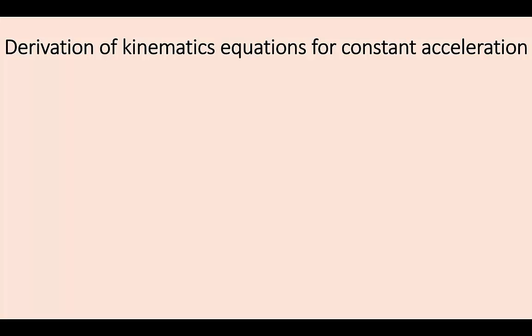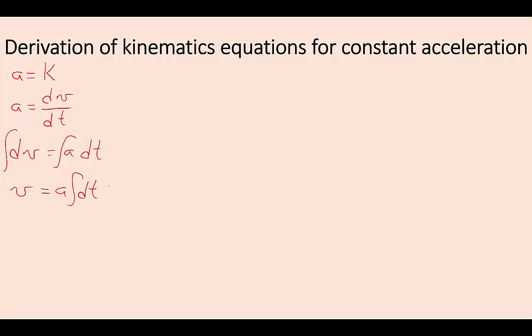But for a constant acceleration, we can say that the acceleration is k, constant. So we already know that acceleration is dv dt. So if we integrate that, then the integral of dv is the integral of a dt, which means that velocity is a times the integral of dt, which is at plus some constant.